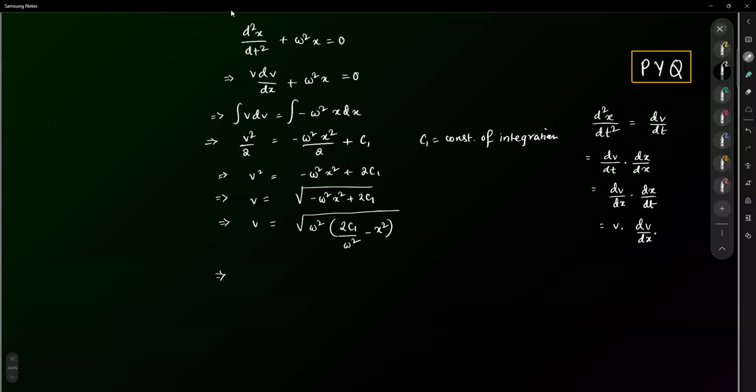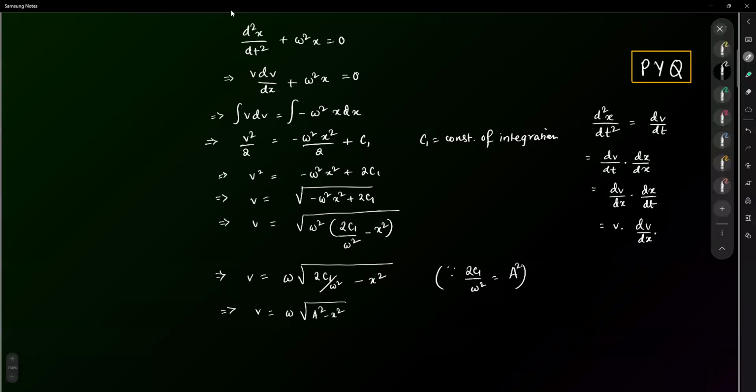So from here, I can bring out omega into root over of 2c1 by omega square minus x square. Remember, this 2c1 by omega square is basically amplitude square. So v is equal to omega root over of a square minus x square.